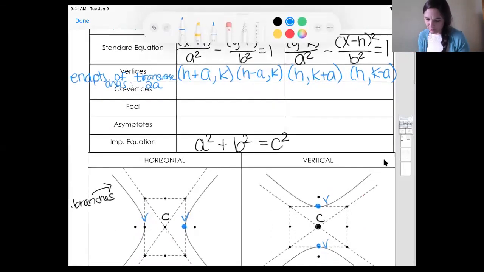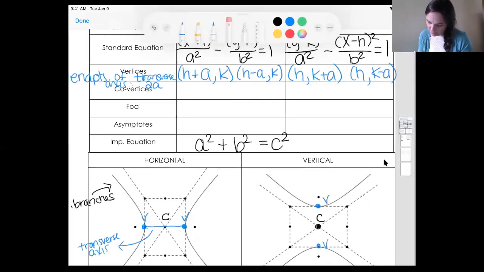So looking down here on our graphs, if I were to label this, this line segment here is called the transverse axis. And remember the distance from the center to the vertex is a. So if this is a and this is a, the entire length is 2a. Okay, all right.